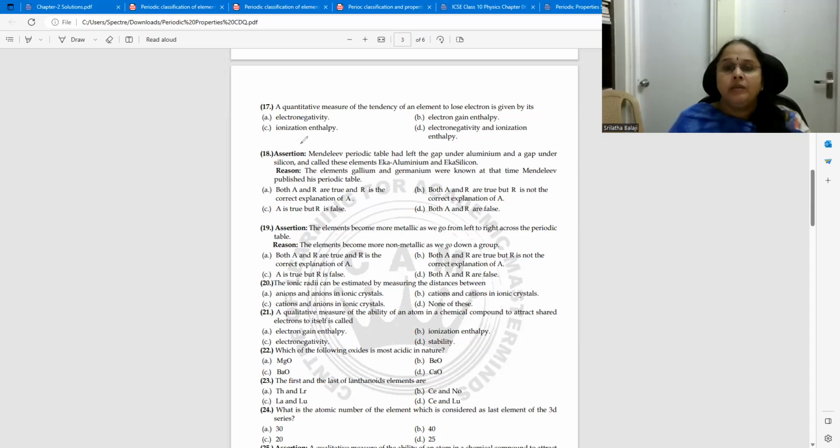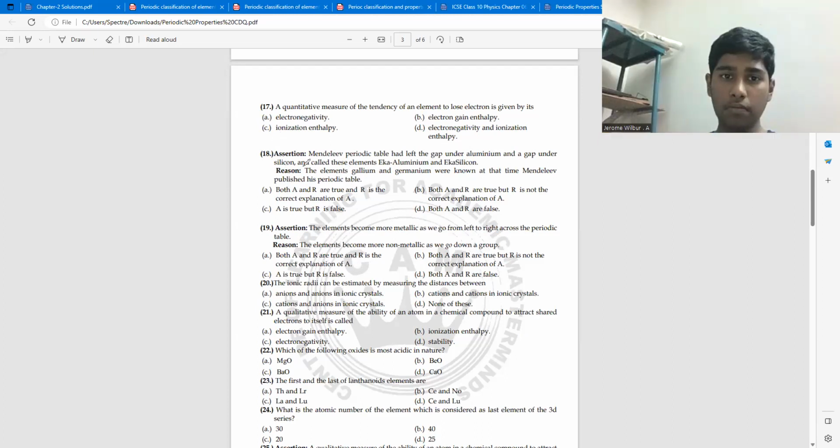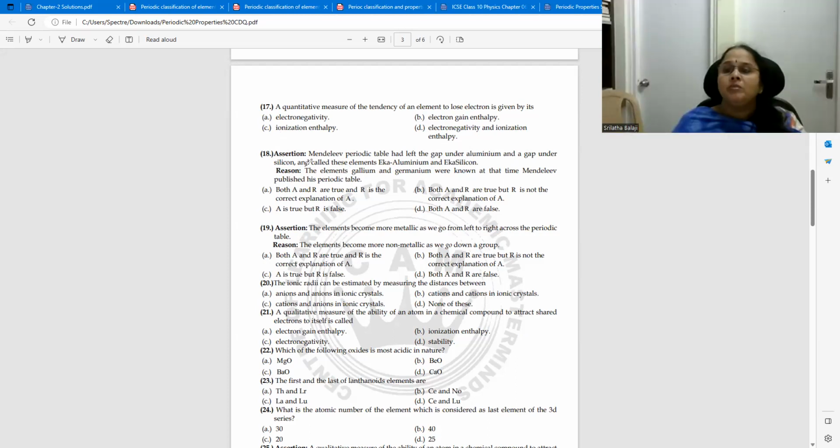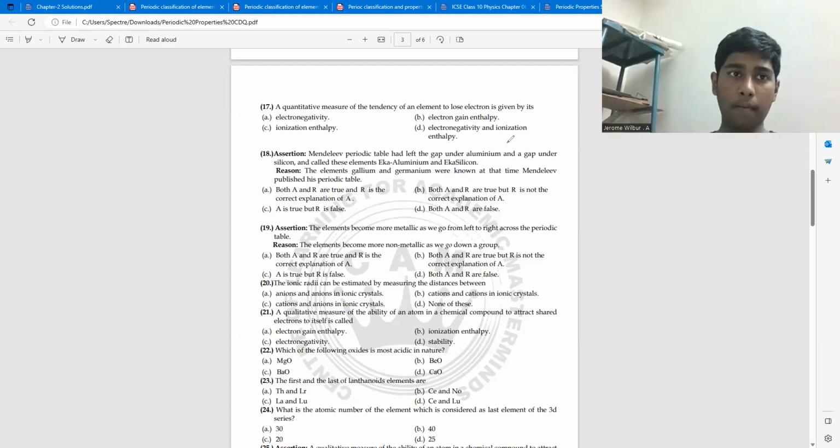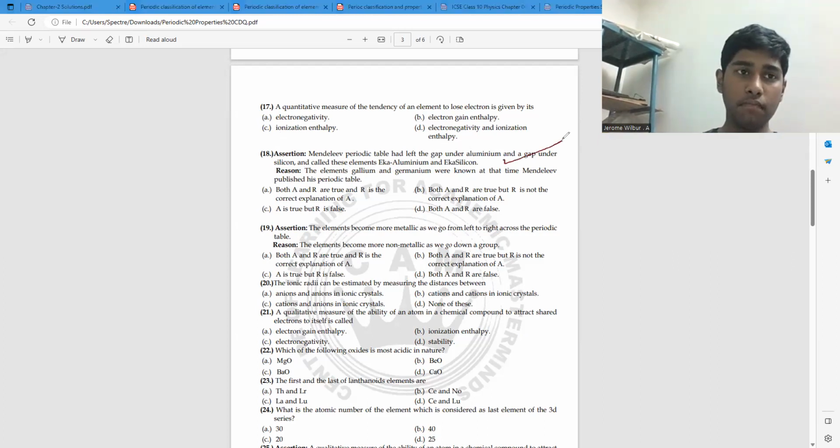So tell me, is the assertion true, and is the reason true or false? Is it correct that Mendeleev left the gap under aluminium and under silicon? Yes, did we discuss this? We call them Eka aluminium and Eka silicon. Did we mention this? Yes, ma'am. Option C.